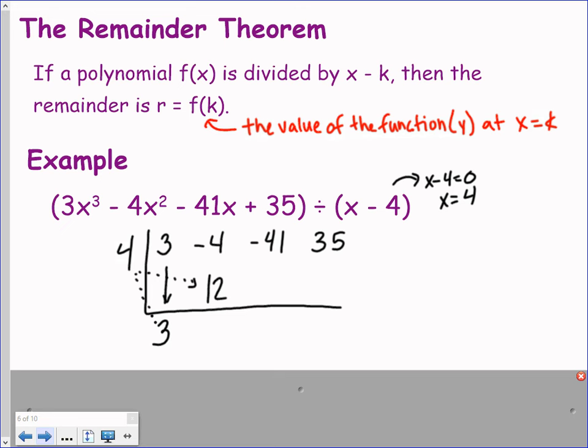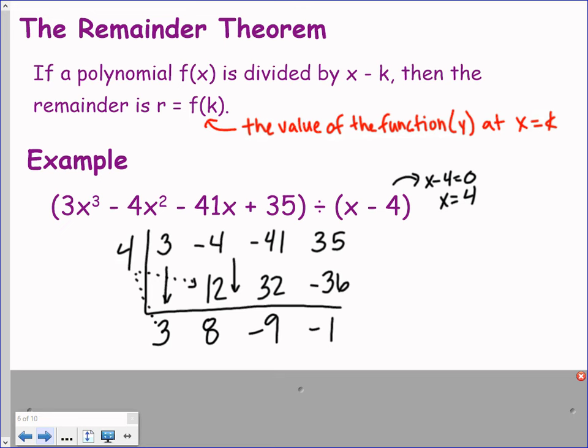And repeat. Add down to get 8. Multiply 8 times 4 is 32. Add down to get negative 9. Negative 9 times 4 is negative 36. Add down to get negative 1.